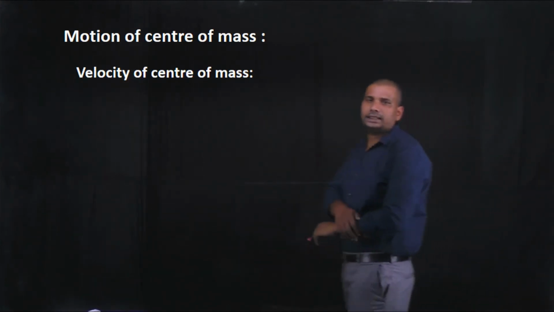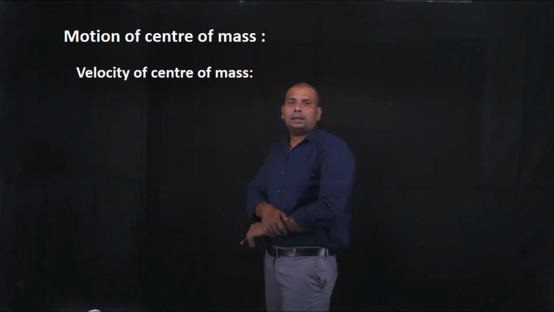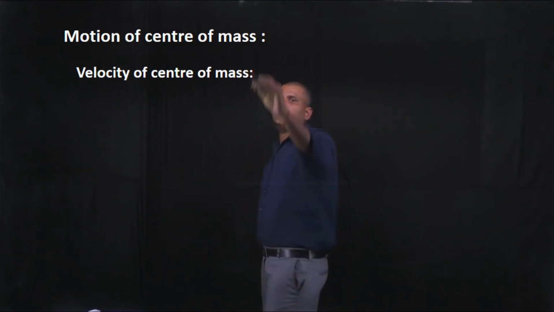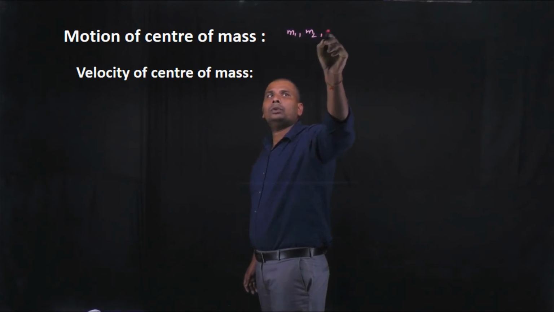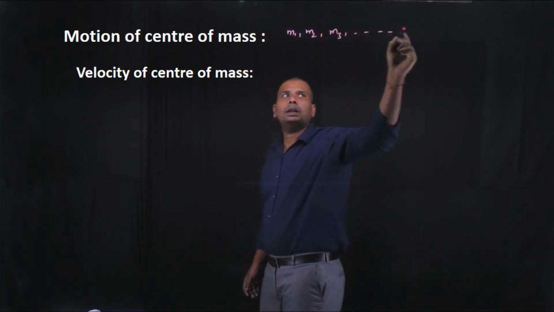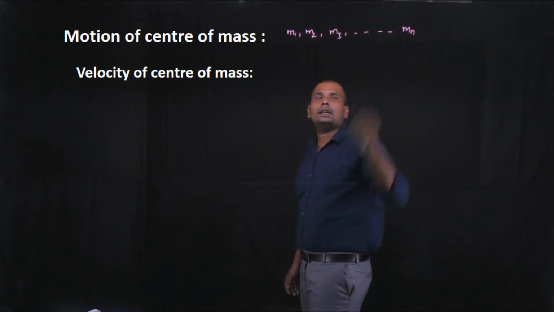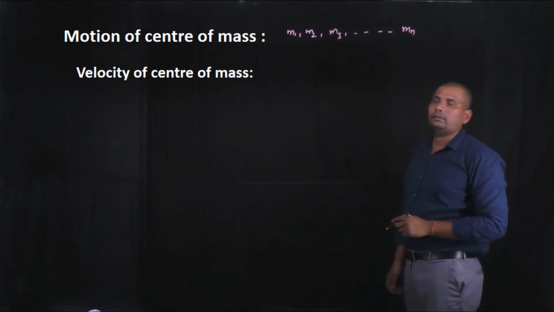Let us consider a system that contains n number of particles having individual masses m1, m2, m3, and so on mn. These are the individual masses of the system.